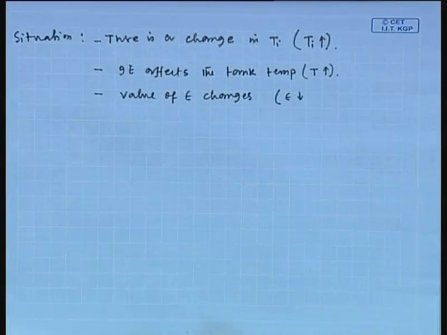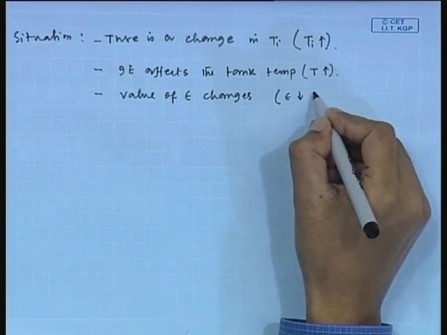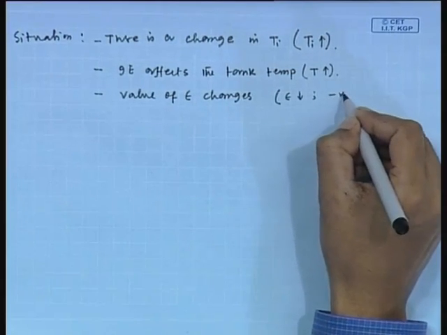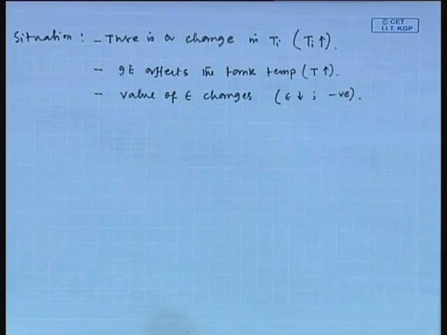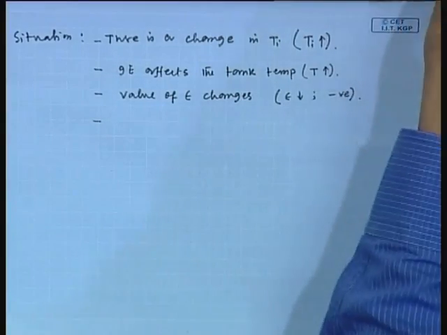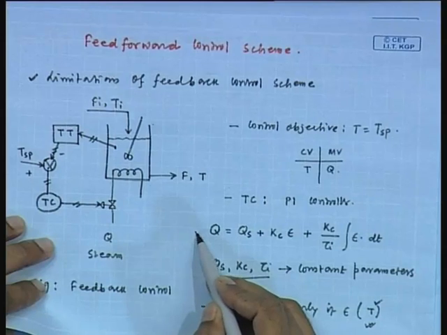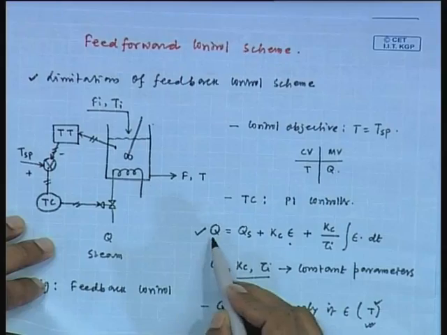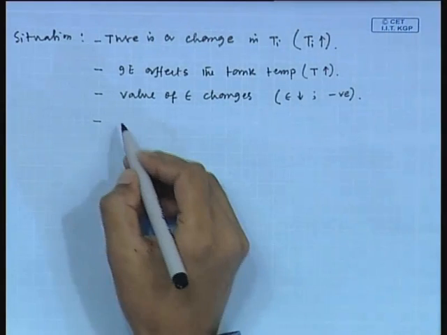At steady state error is 0 because T set point and T both are equal. Now, if temperature increases, then the value of epsilon becomes negative. Then the controller will take action because error signal has changed. So, according to this equation, if the value of epsilon changes, then Q changes. Fine. So, we can say that in the next step controller takes action.